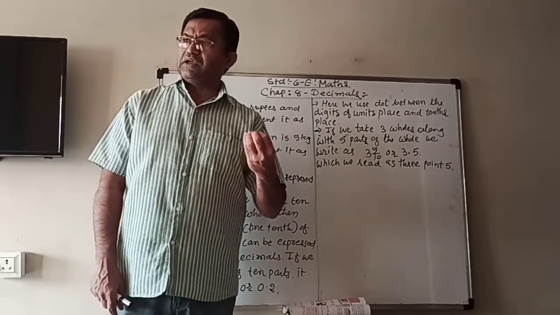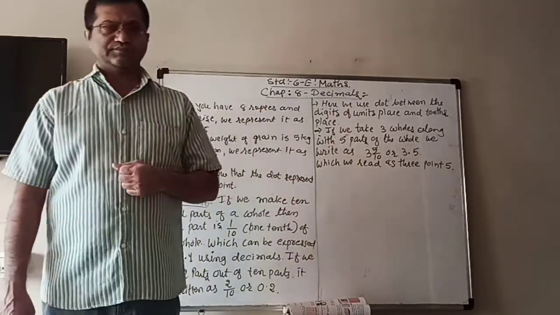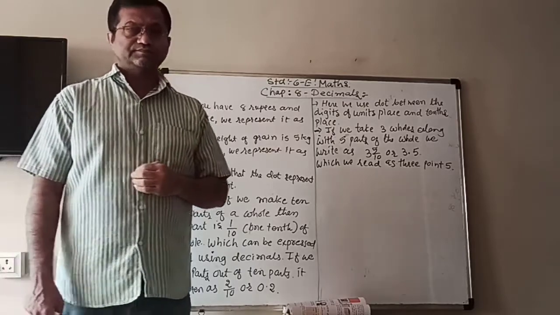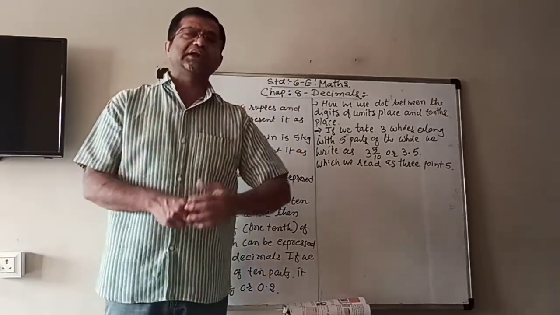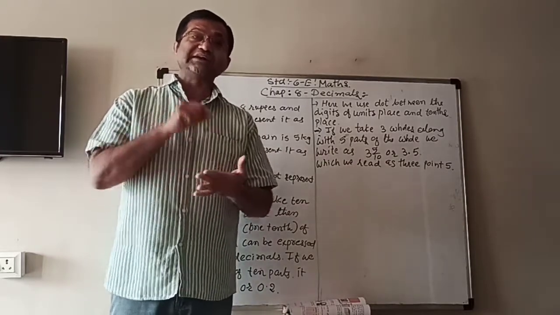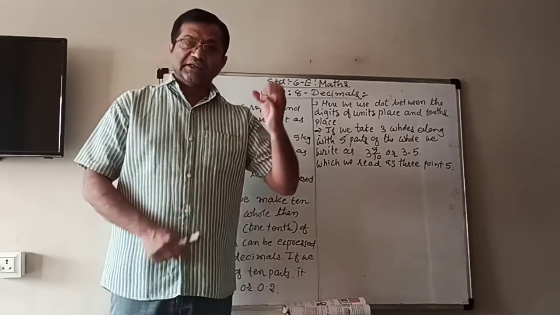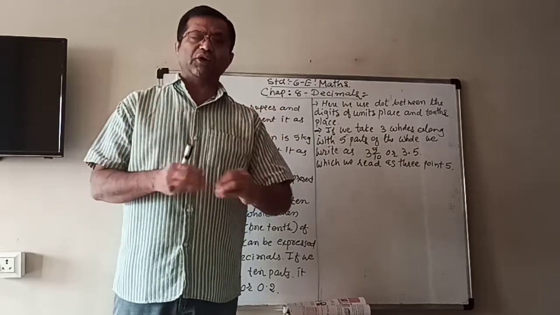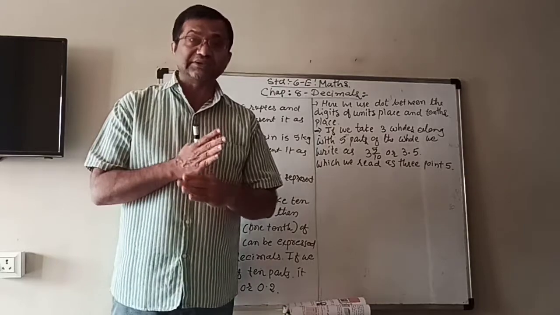So, in so many situations in our daily life, we are using the point. We put the point, the dot, between the numbers, and that dot is known as the decimal point. And the numbers along with that decimal point are known as decimals.